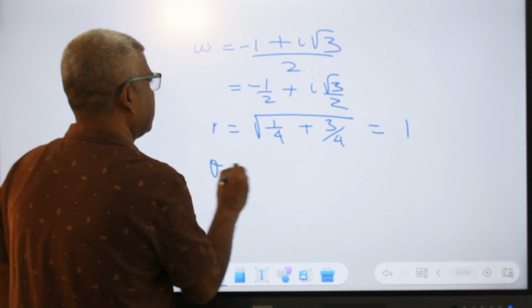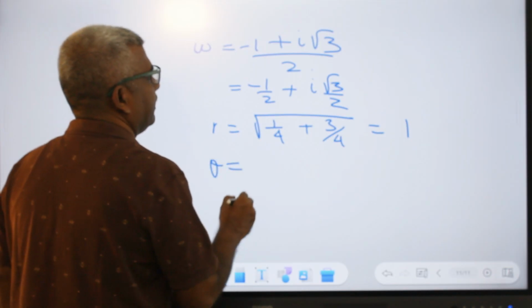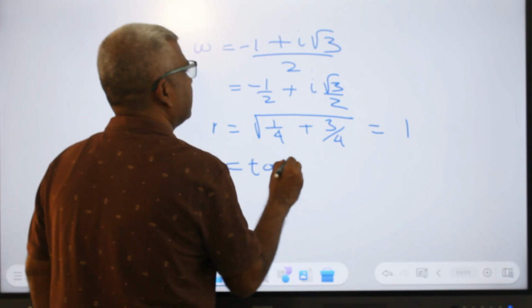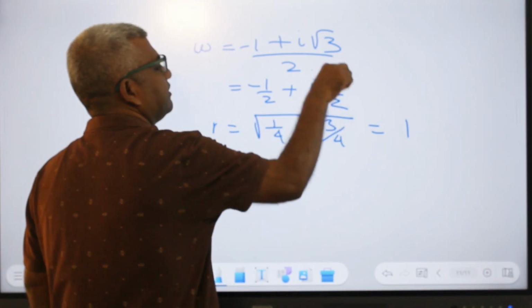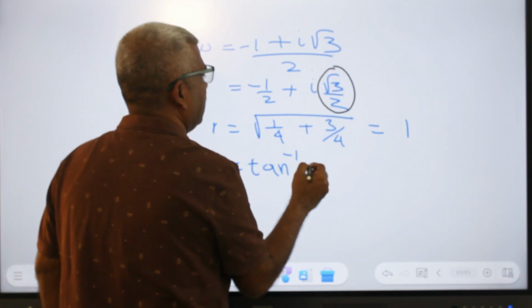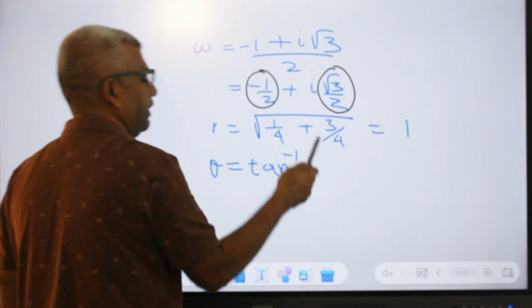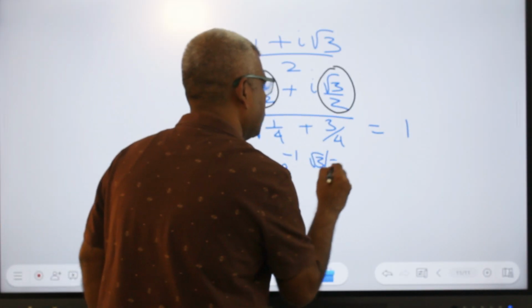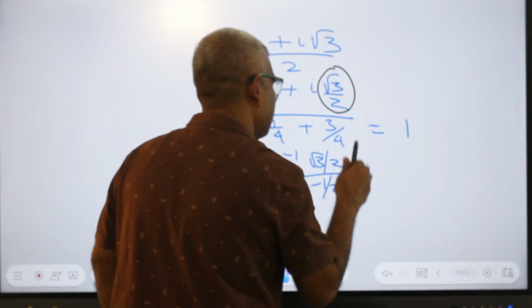So theta is tan inverse b by a, where b is root 3 by 2 and a is minus 1 by 2.